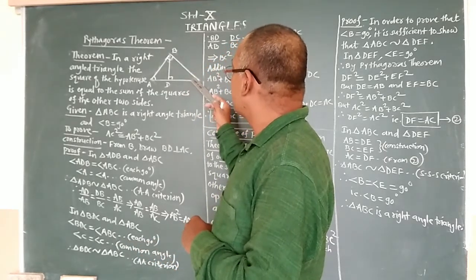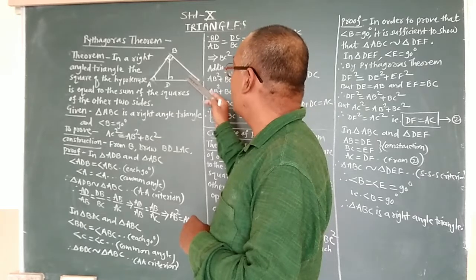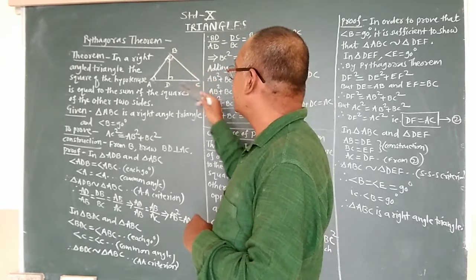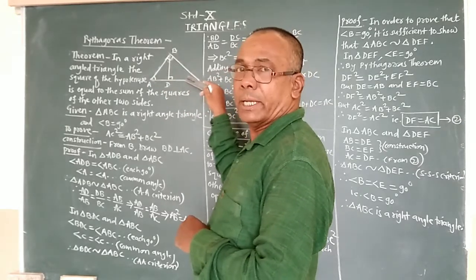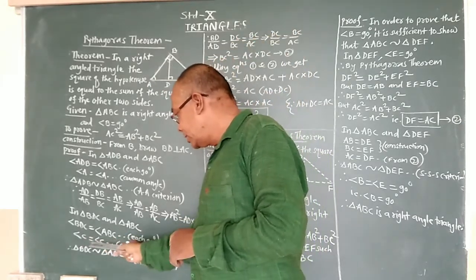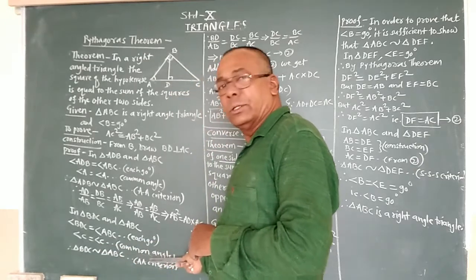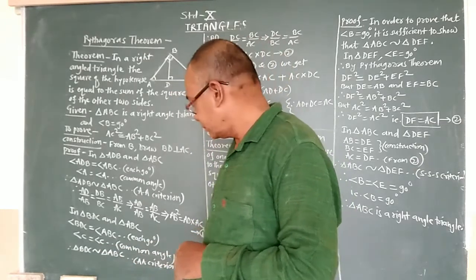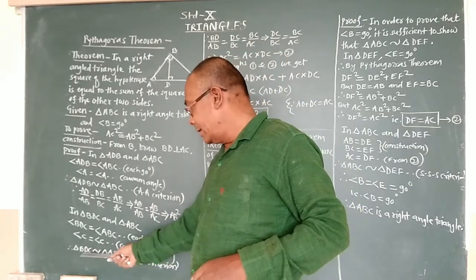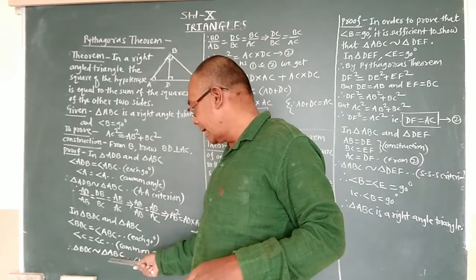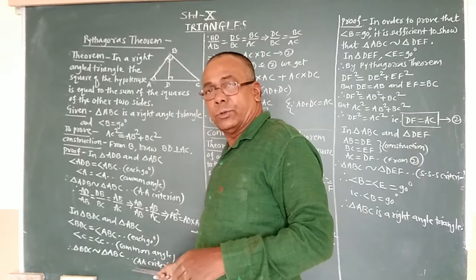Similarly, angle C of triangle BDC and angle C of triangle ABC, that is common angle, and therefore angle C equals angle C, and therefore by AA criteria triangle BDC is similar to triangle ABC.